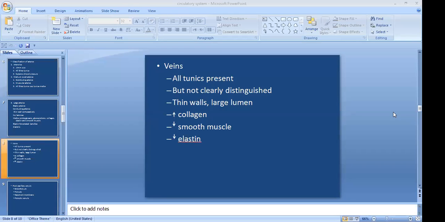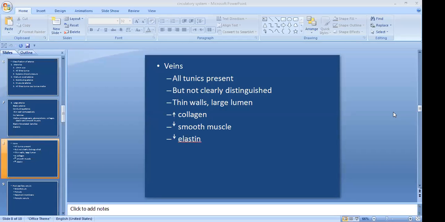The third thing is that their walls are thin and the lumen is large. I am repeating again: in the veins, all the three tunicas are present, but they are not clearly distinguished. They have thin walls and large lumen.